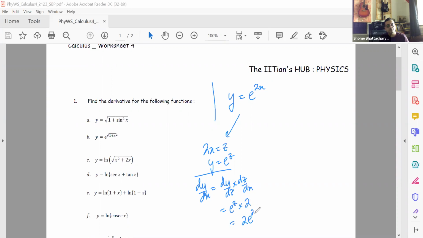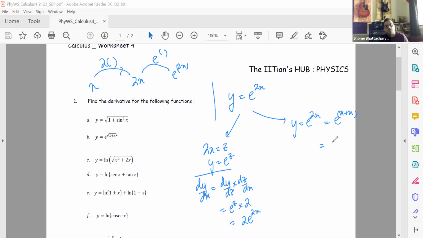That is 2 e raised power 2x. So you can see that on x, you have first operated this function, and then you operated the exponential function. So you're treating it like a composite function. Another way of doing this is that e raised power 2x can be written as e raised power x plus x.